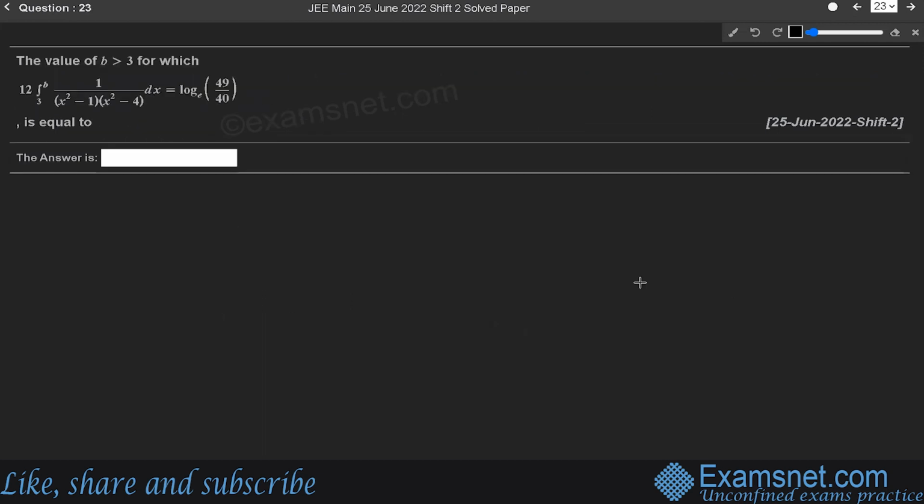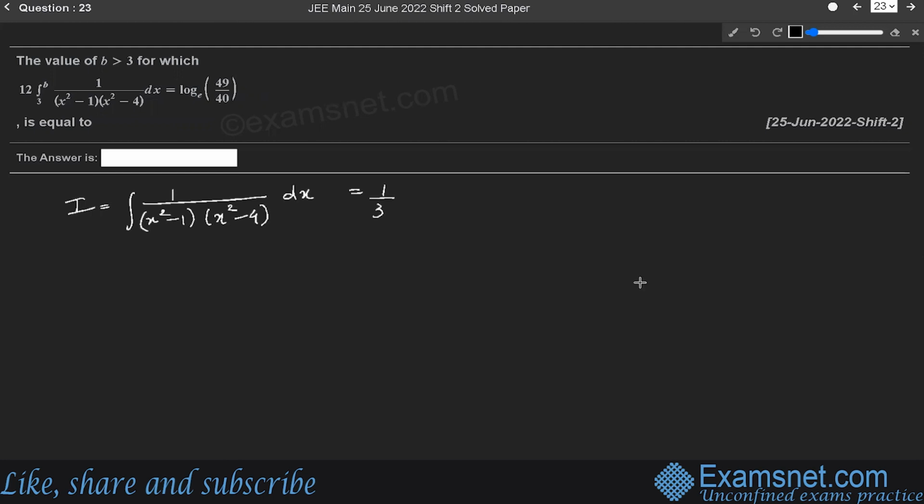Next question is the value of b greater than 3 for which 12 times the integral from 3 to b of 1 upon (x squared minus 1)(x squared minus 4) dx is equal to log base e of 49 upon 40 is equal to. So let I be equal to the integral of 1 upon (x squared minus 1)(x squared minus 4) dx.